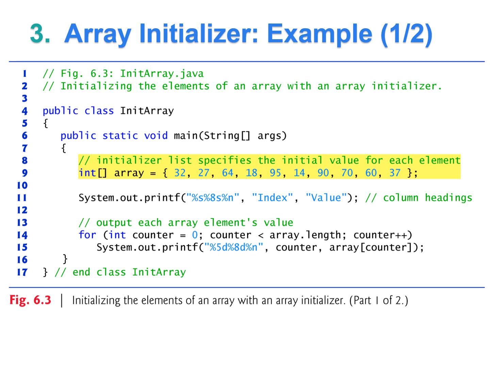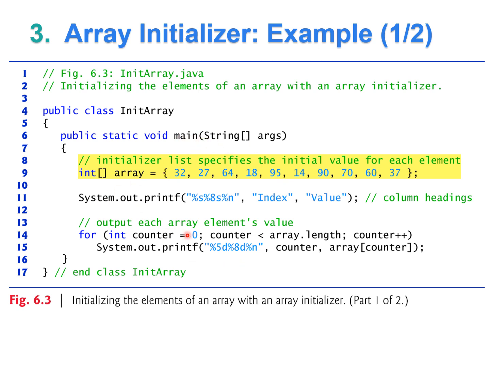Now I'm going to show you a complete Java program that uses array and array initializer. This program is called InitArray. It has only one class named InitArray, and it has only one method, which is method main.